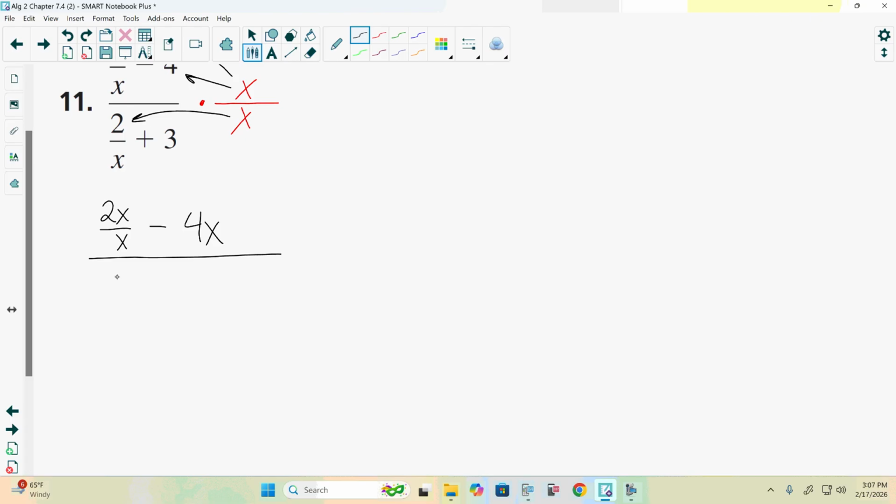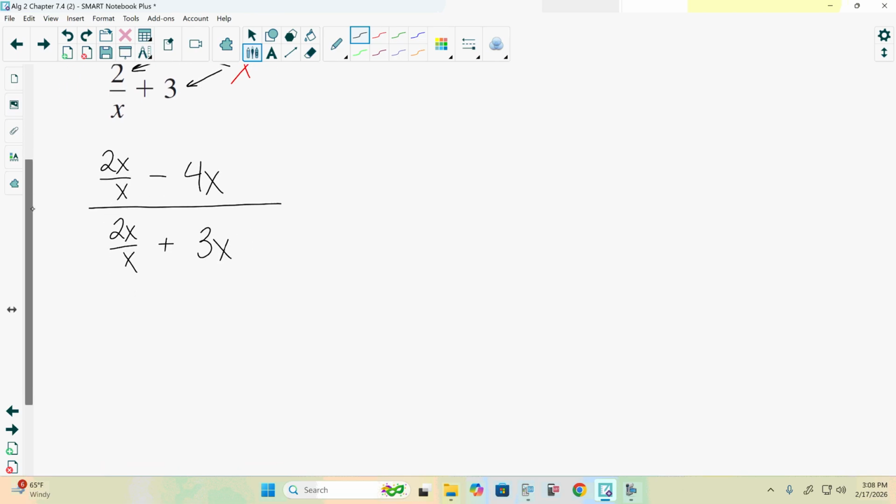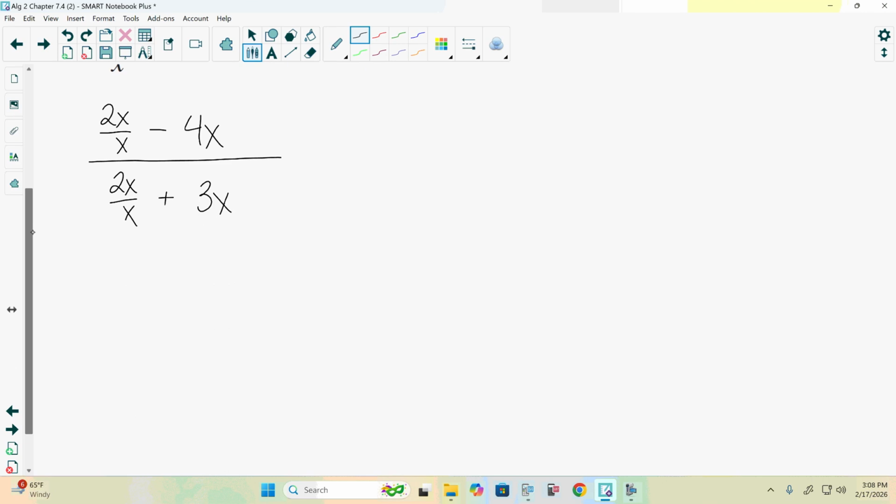Our x times 2 over x is 2x over x, plus our 3 times x is 3x. At this point here, the x over x will cancel, giving us 2 minus 4x. Same thing on bottom.